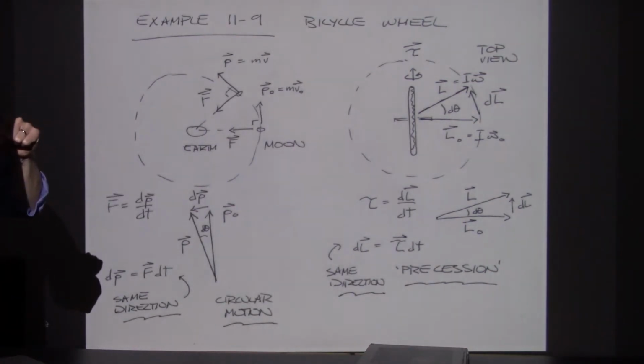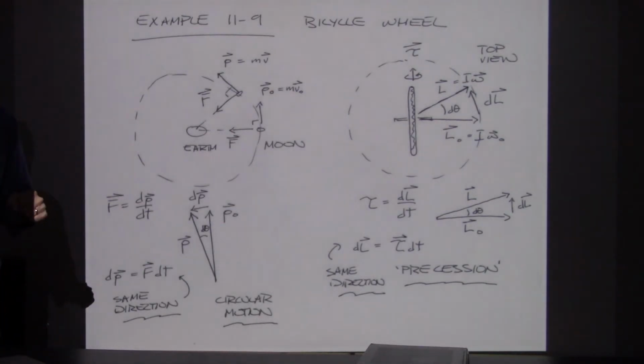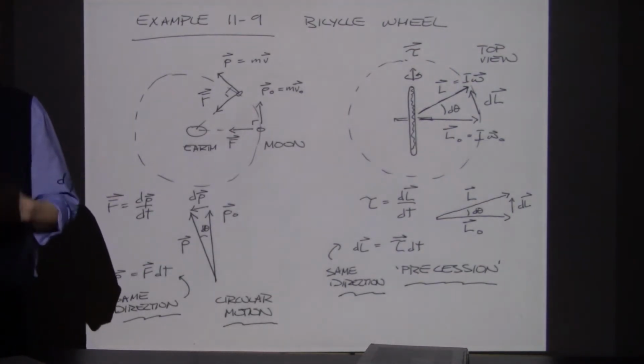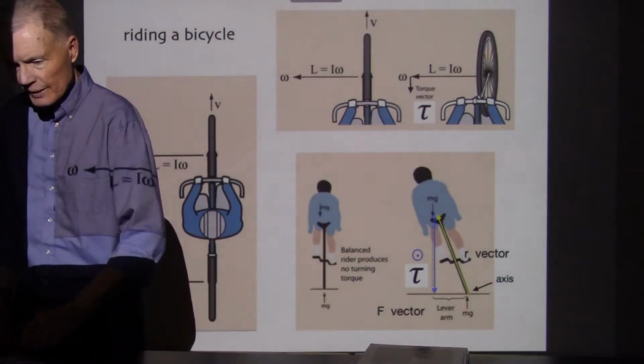When you turn the steering wheel, that's creating a torque on that rotating bicycle wheel, and the bicycle wheel doesn't respond the way that you would initially expect. So learning to ride a bike is kind of like trial and error, trying different things to keep yourself balanced. And at some point it works. Whether you can explain what you just did or not, when you learn to ride a bicycle, it works.